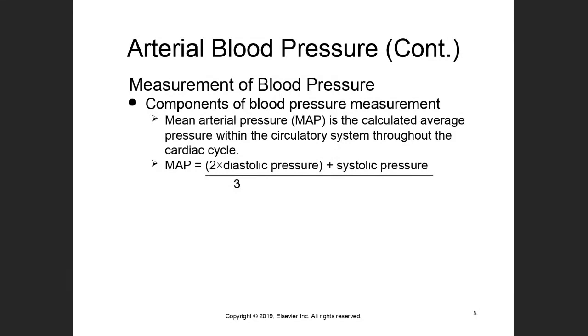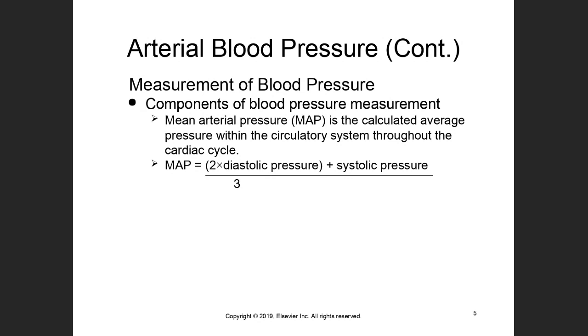Now we have this that is extremely important, is MAP. That means the mean arterial pressure. Okay, mean arterial pressure is calculated by 2 times diastole plus systole divided by 3. Typically, you determine the mean arterial blood pressure. Why?